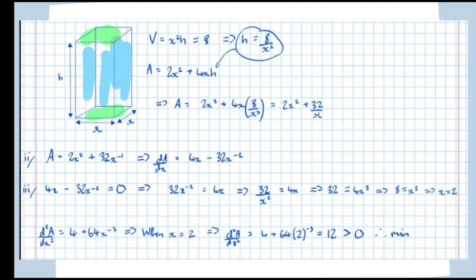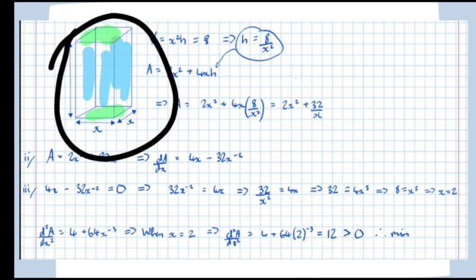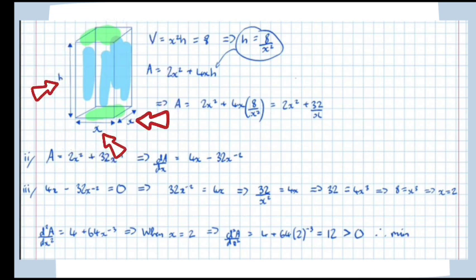The steps for solving maximum and minimum problems are: first, draw an appropriate figure and label the quantities relevant to the problem. Second, find a formula for the quantity to be maximized or minimized. Identify the quantity to be maximized or minimized as a function of one variable.